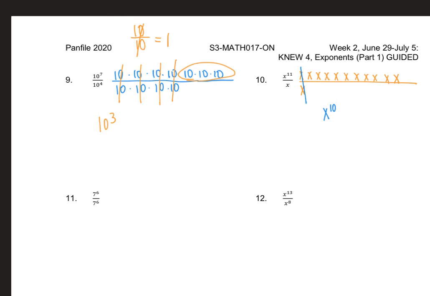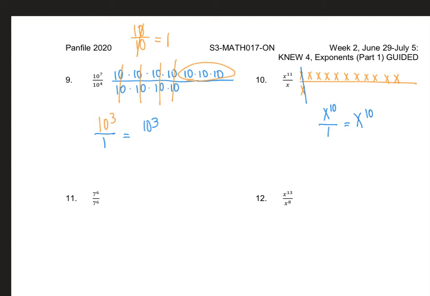Essentially it would be x to the 10th over 1. This 10 to the 3rd would be over 1, right? The over 1 I can drop, just leaving me with 10 to the 3rd, or x to the 10th. So this just leaves me with x to the 10th.